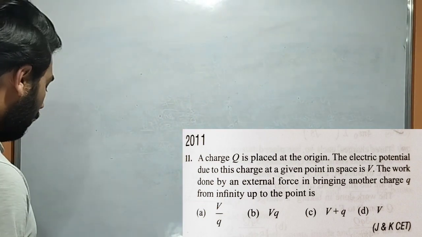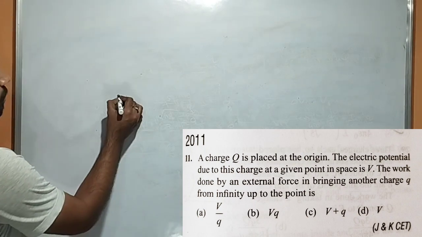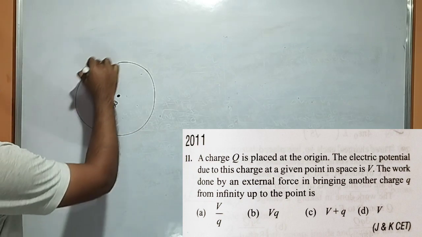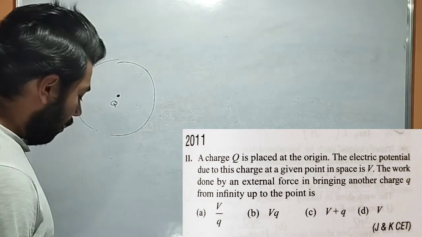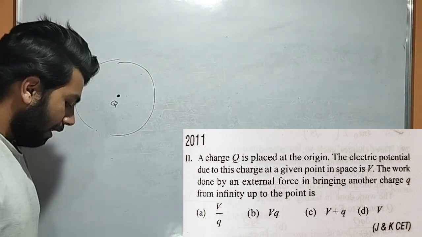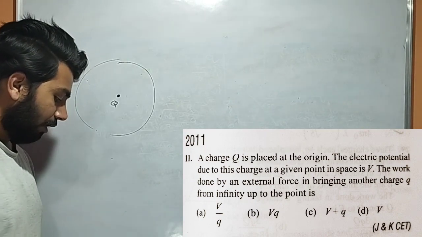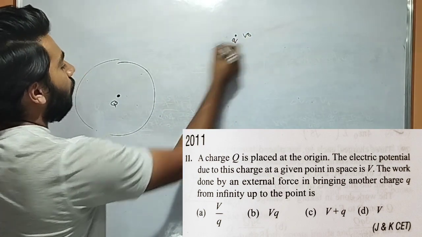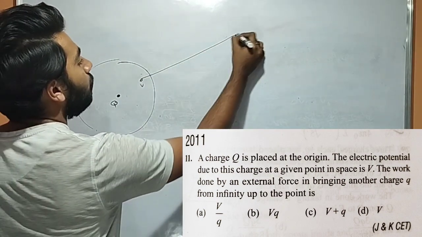A charge Q is placed at the origin and it has some electric field. The work done by an external force in bringing another charge Q from infinity to a point in the field.